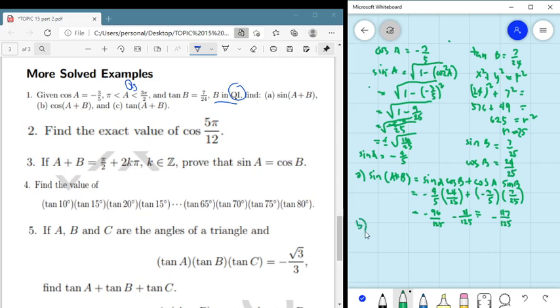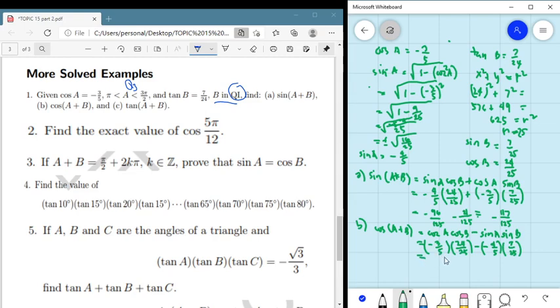Okay? What about B? B is cosine A plus B, which is similar to cosine A cosine B, then minus sine A sine B. Wherein your cosine A is negative 3 over 5, your cosine B is 24 over 25, minus sine A is negative 4 over 5, then sine B is 7 over 25. Okay, so we want to simplify.